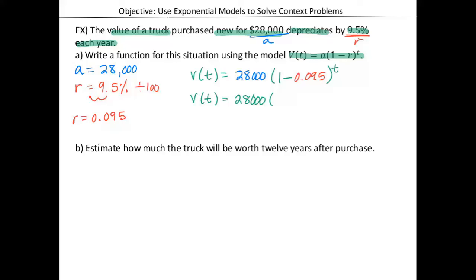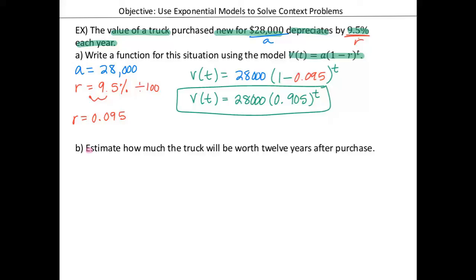You guys put that in a calculator. You should get something less than 1, so it should be a 0 point something. 0.905. Thank you. Raised to the t power. So this is now my answer to part A. It's a decay, so because it's a decay, this is less than 1. All the other examples we had were 1 point something. It's a growth, but a decay, it's actually going to be smaller than 1.